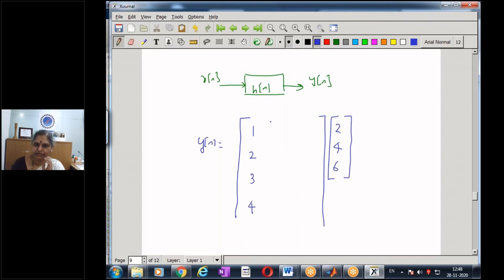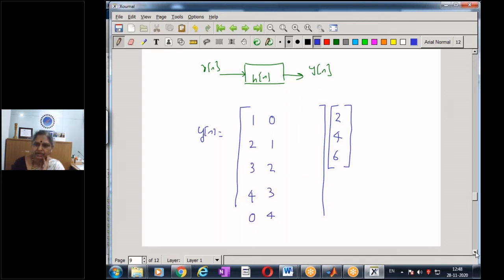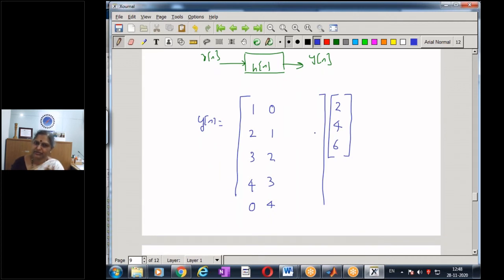So I form the second column by giving a vertical shift of the first column by 1, so I get 1, 2, 3, 4. I need 3 columns, so I need to create one more column. Once again, I give one more vertical shift of the previous column and fill all empty spaces with 0. So this is my matrix.